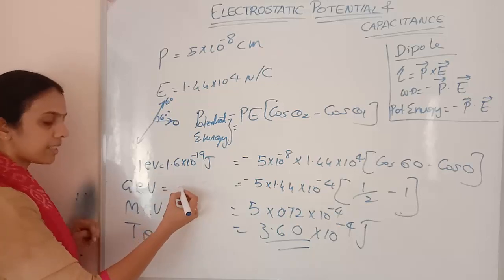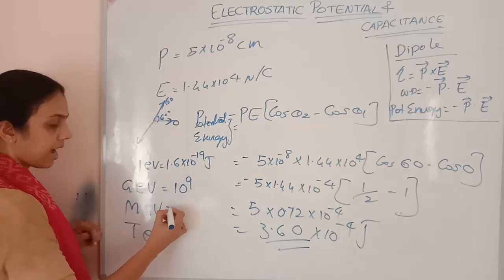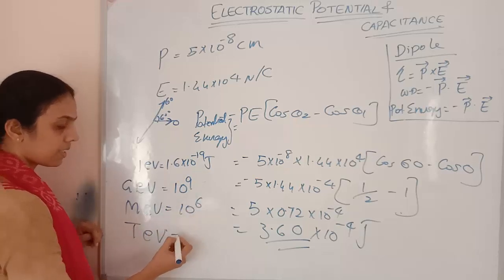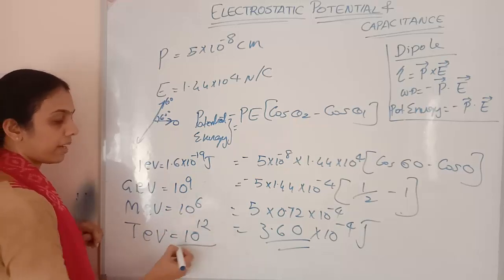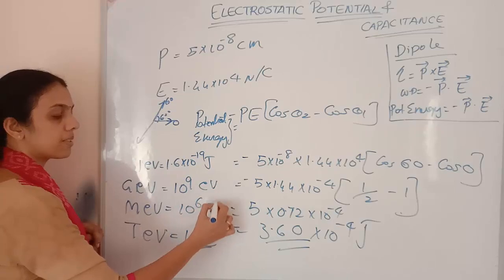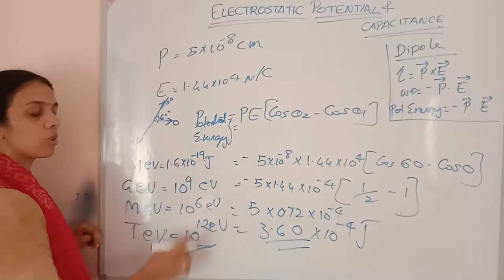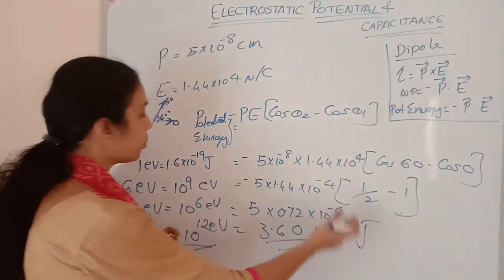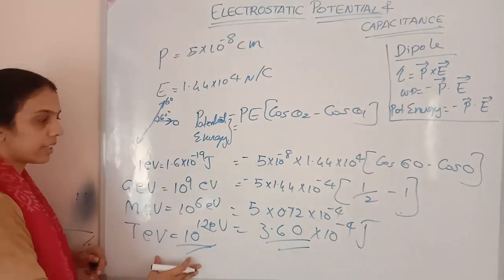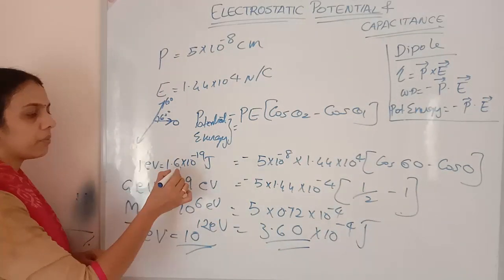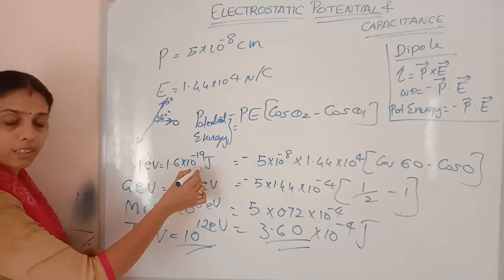Giga means 10 to the power 9, mega means 10 to the power 6, tera means 10 to the power 12 electron volts. This unit is also important. To convert joule into electron volt, you should convert like this: 1 joule equals 1 by 1.6 into 10 to the power minus 19 electron volt.